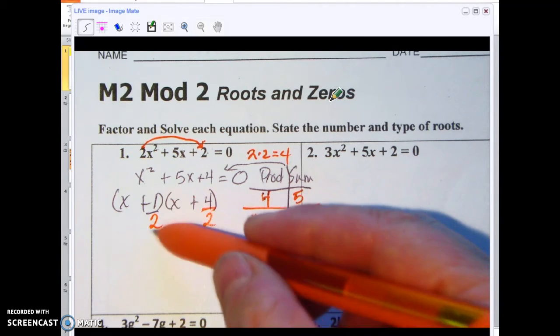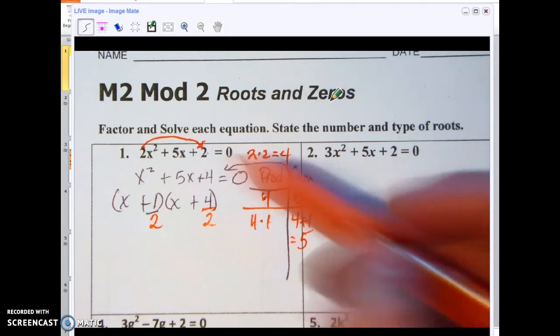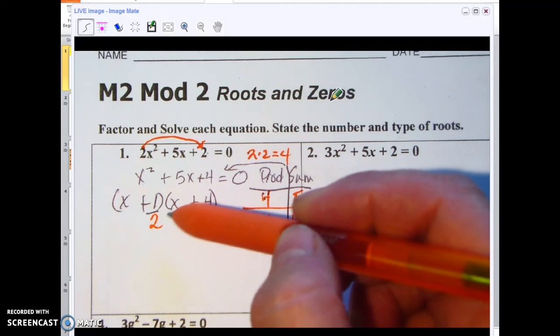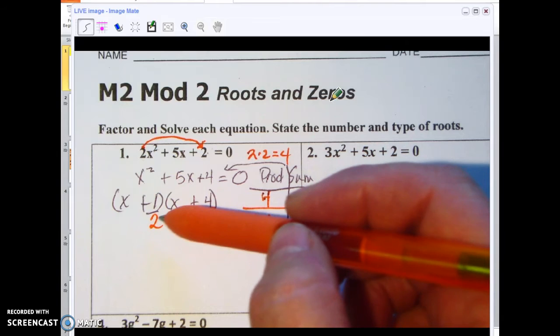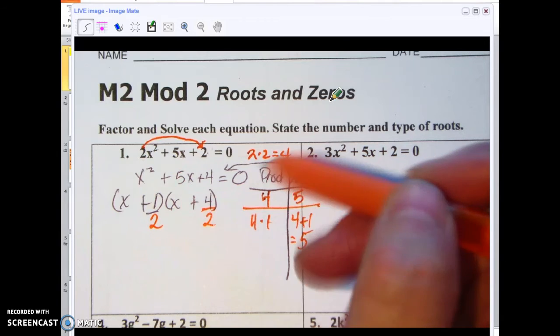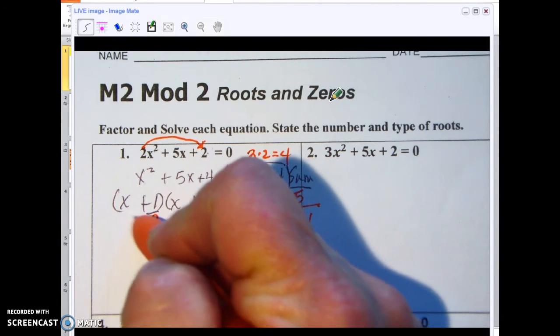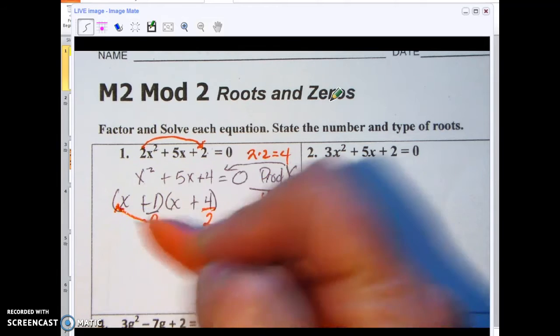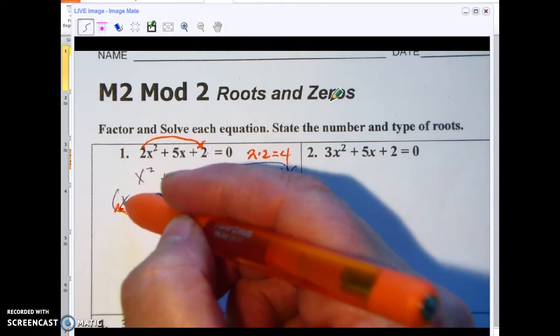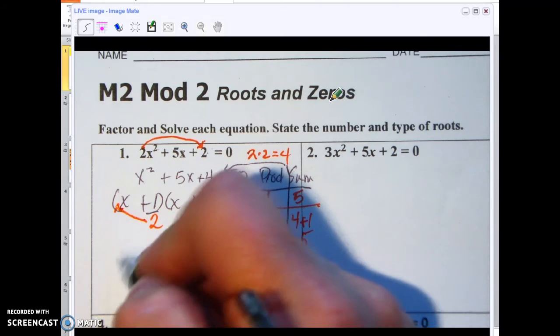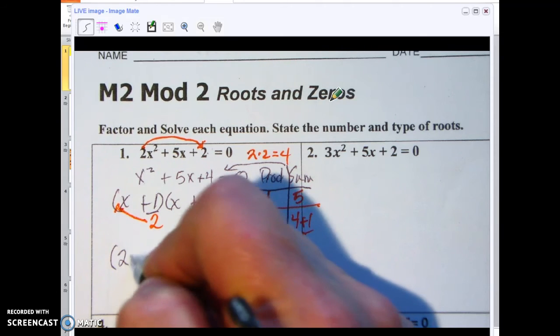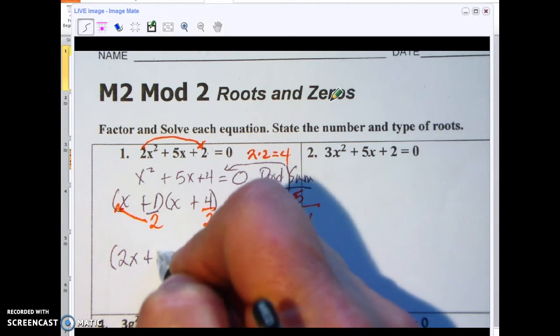Now when I look at this one, 1/2 does not reduce to an integer. So this 2 is going to slide in front of that x on my next step down. So that's going to be parentheses 2x plus 1.